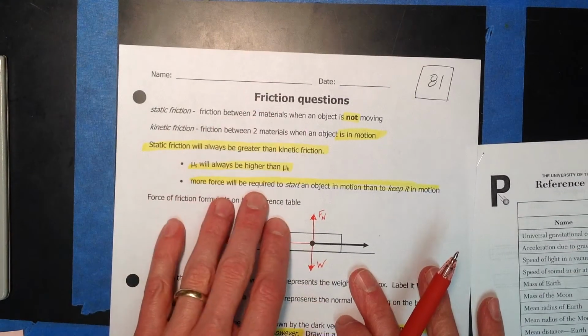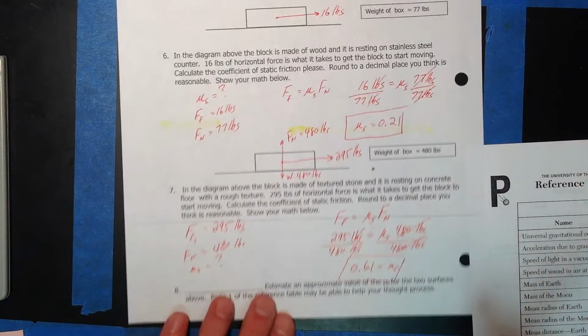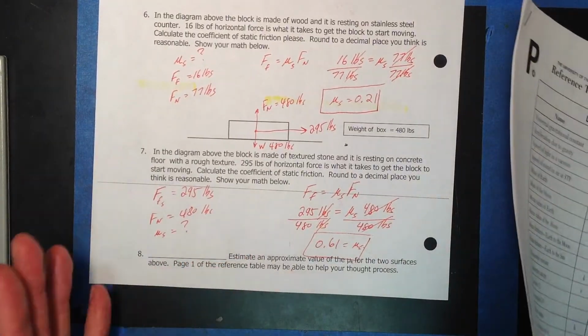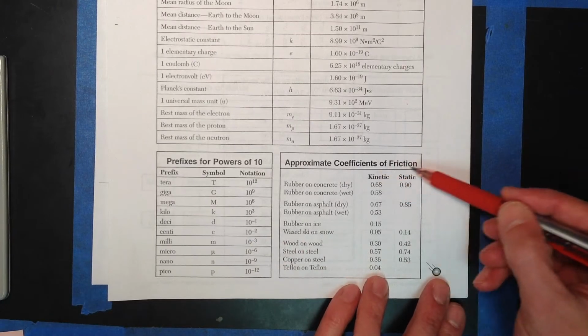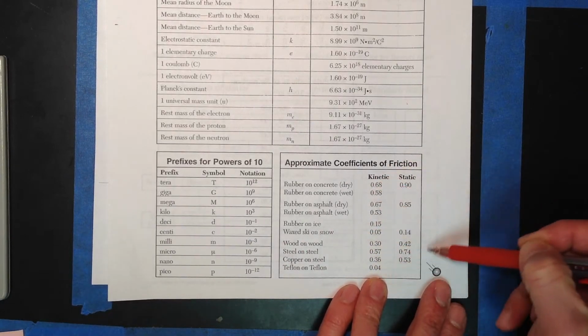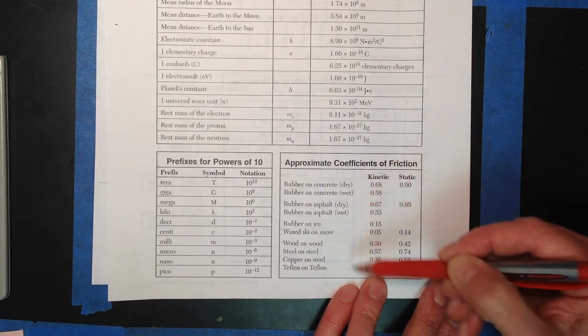Okay, so if you look up here, it will be less because it's easier to keep it going once it's going. So I'll tell you that much, it will be less. Now how much less, you have to estimate. You're not going to know it, but just look here to help you estimate. That's my hint here. I'll let you do the rest of that and try to figure that out, okay?